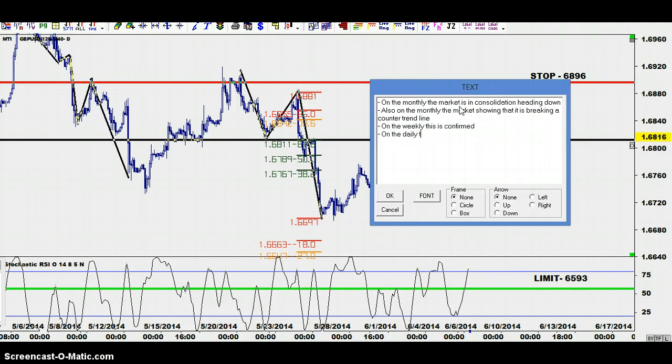On the daily, the market is showing an up AB, but has hit a 2.7, which is a hidden level of resistance and is also forming a bearish king's crown.